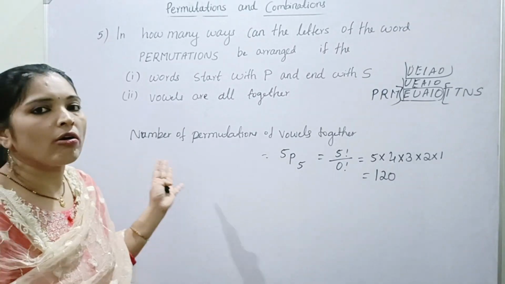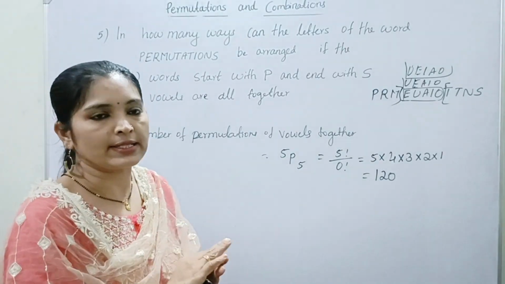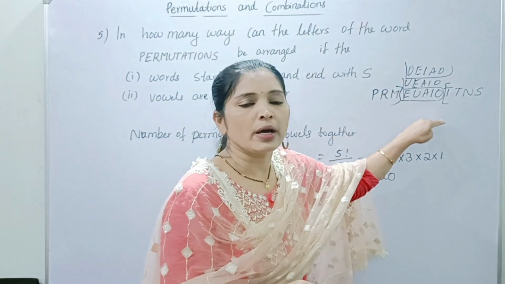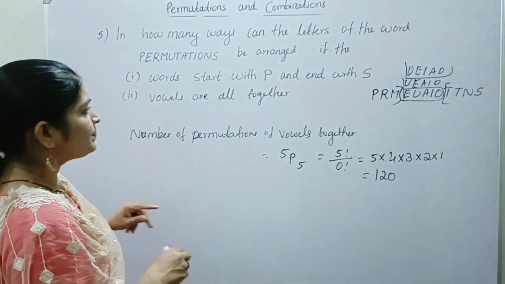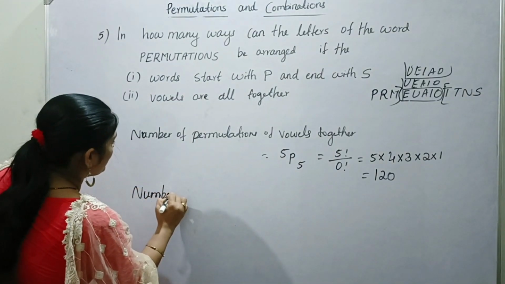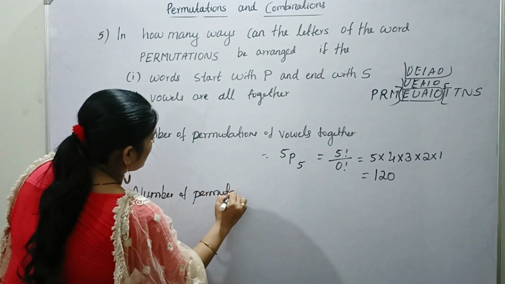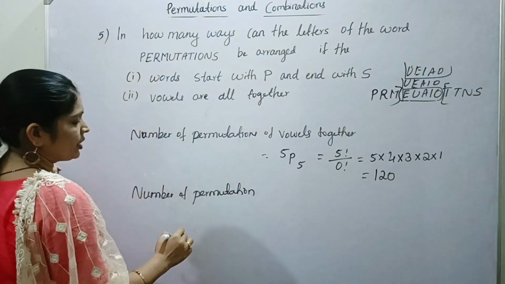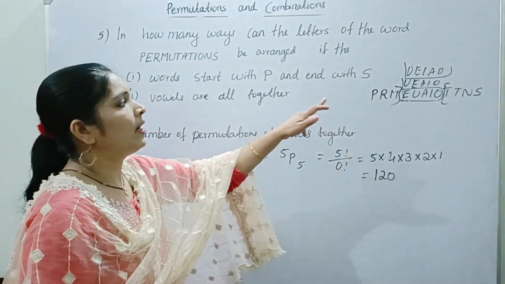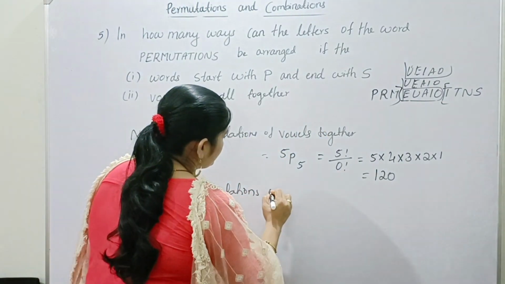We have to write the words using all the letters. So next we will find the number of permutations, taking vowels as one letter.